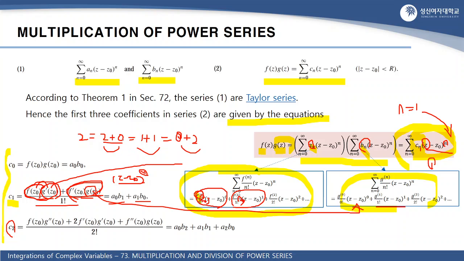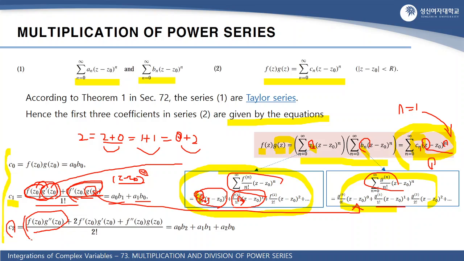So for each case, we compute how many cases there are when we compute the product, where each term comes from each expansion.